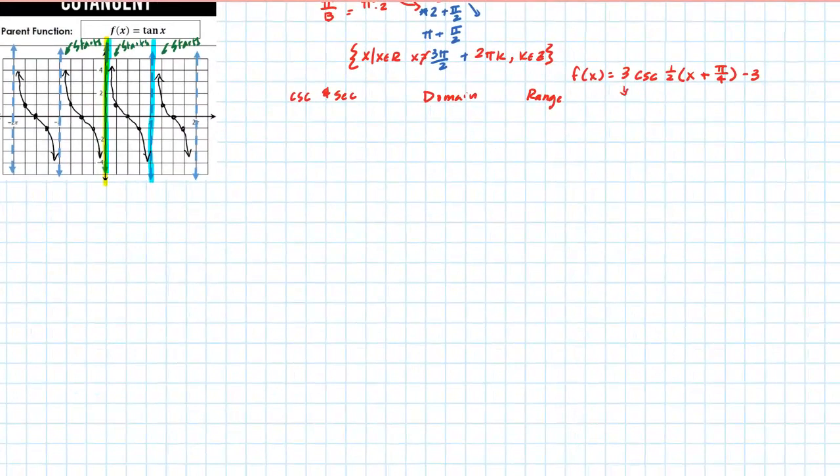Remember, that is the A, that's the B, that's the C, and that's the D. 3, 1/2, negative pi over 4, negative 3.